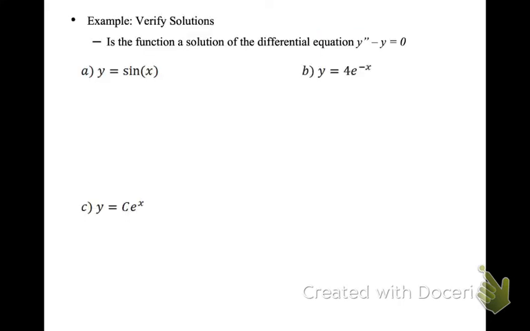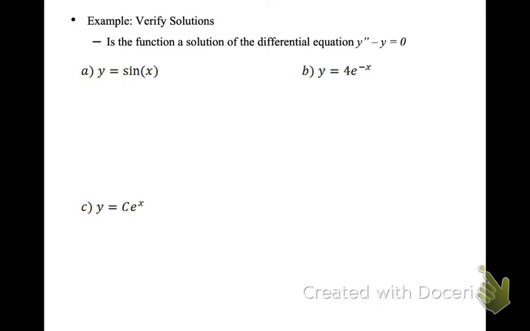So it says, is the function a solution of the differential equation y double prime minus y equals 0? Yep, that's double prime. So that means what derivative? The second. Okay, so our first example is y equals sine of x.